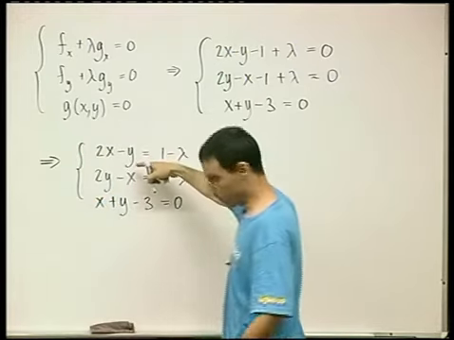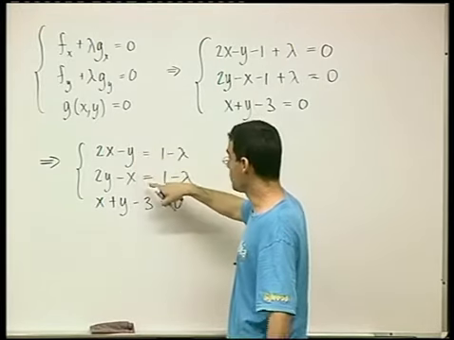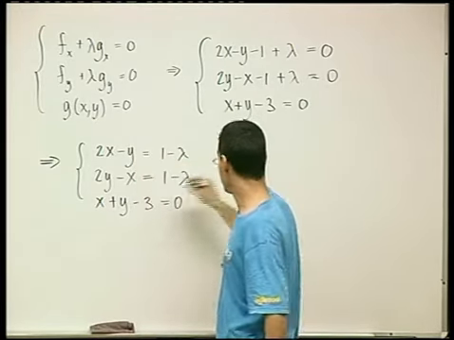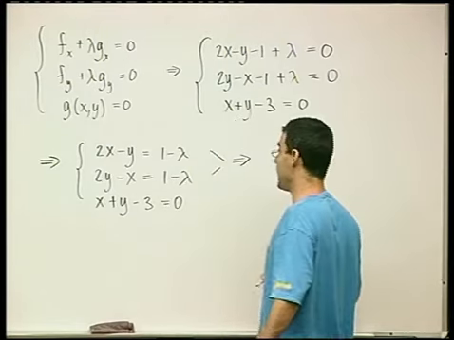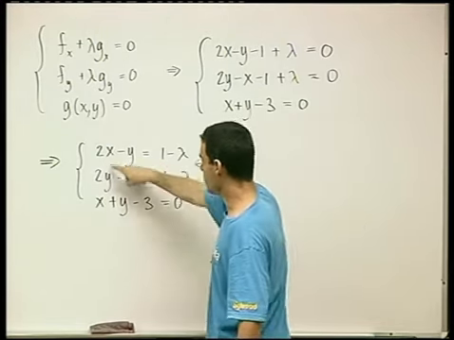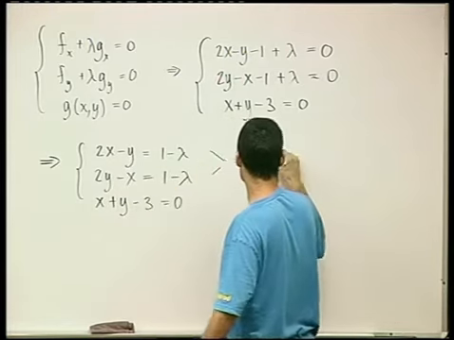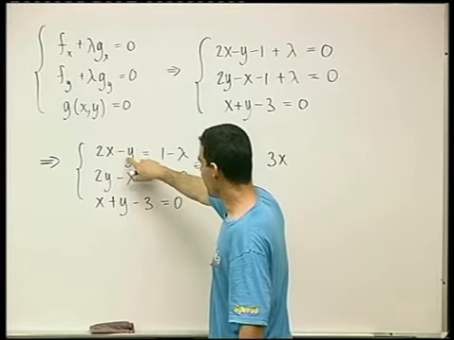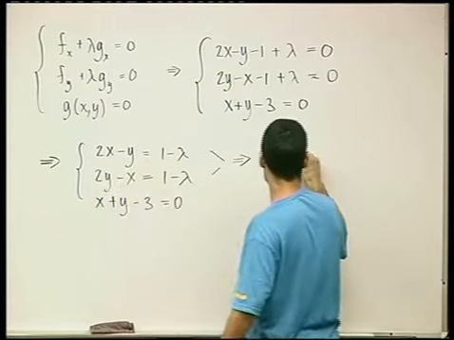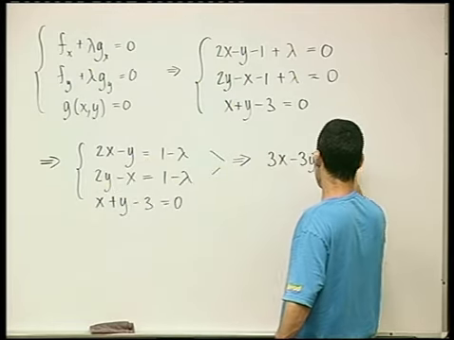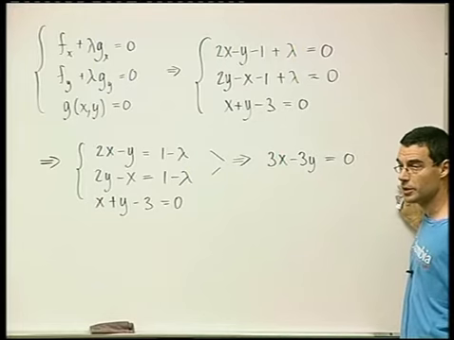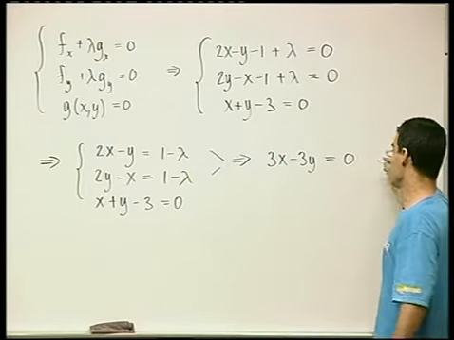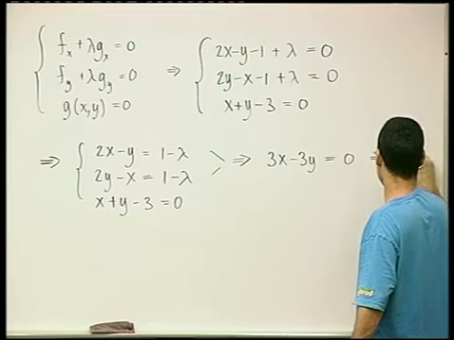And now I'm going to subtract or add? Subtract this one from this one. Okay, so from these two, I get 2x minus x, so 3x, minus y minus 2y, minus 3y equals 0. I subtracted the 2 equations. Therefore, 3x equals 3y, therefore, x equals y.